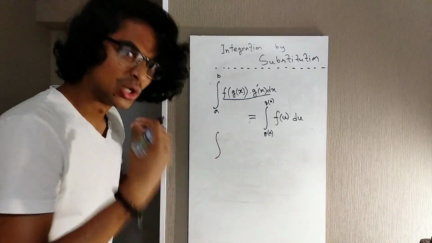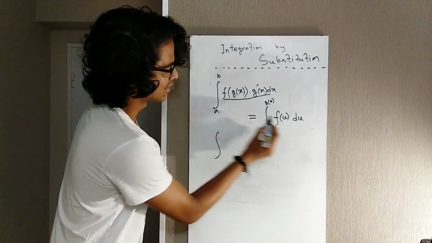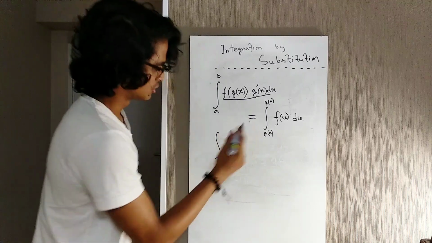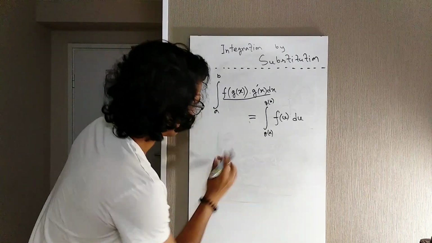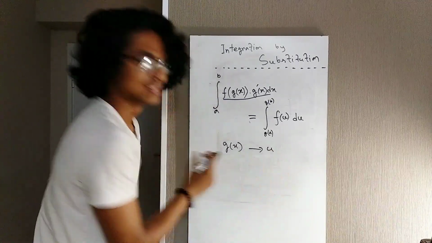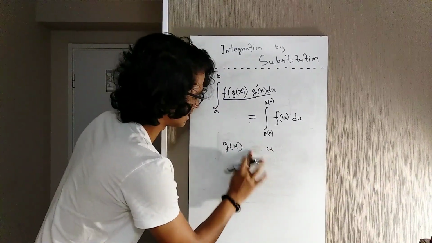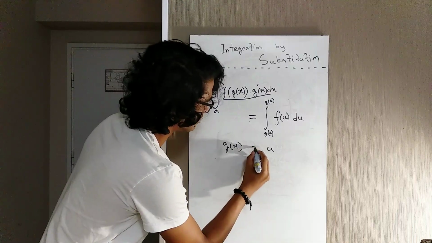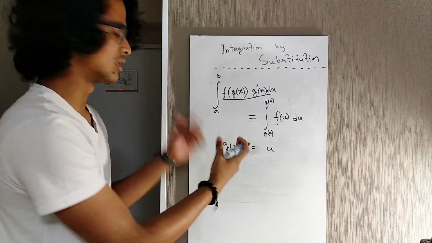What we are basically doing is substituting u for g x. We are saying, let g x be equal to u.